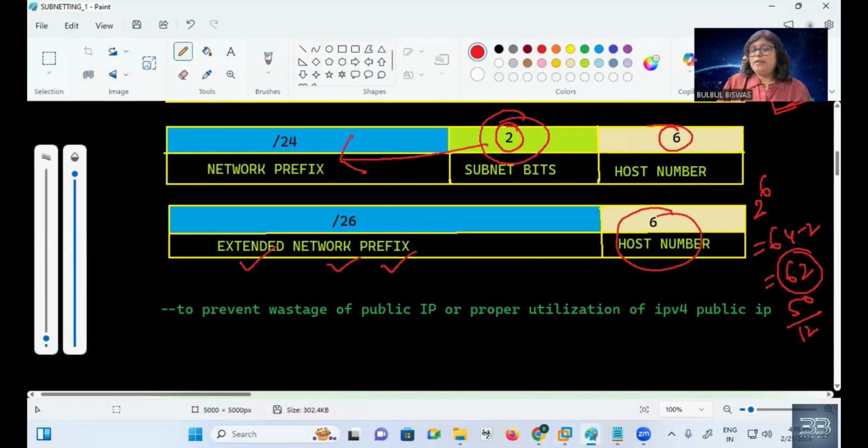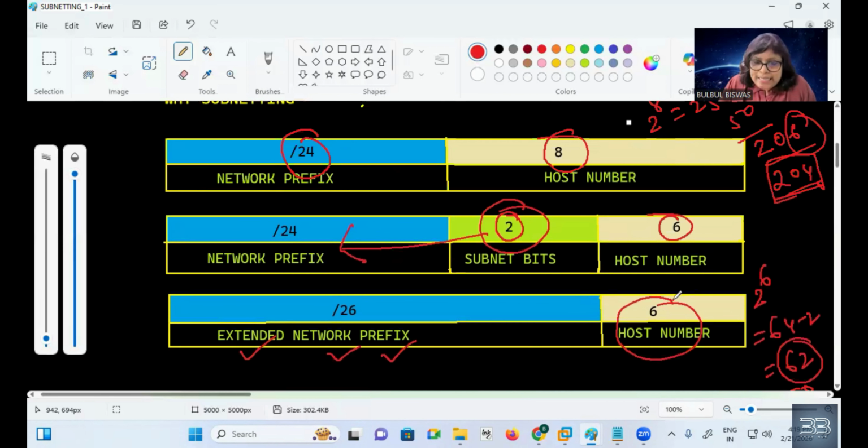Which situation is better? I think this situation is better. That means, this is the concept of subnetting: we break the host bits, transfer some bits to the network, and make an extended network prefix, so a lesser number of bits are in the host.